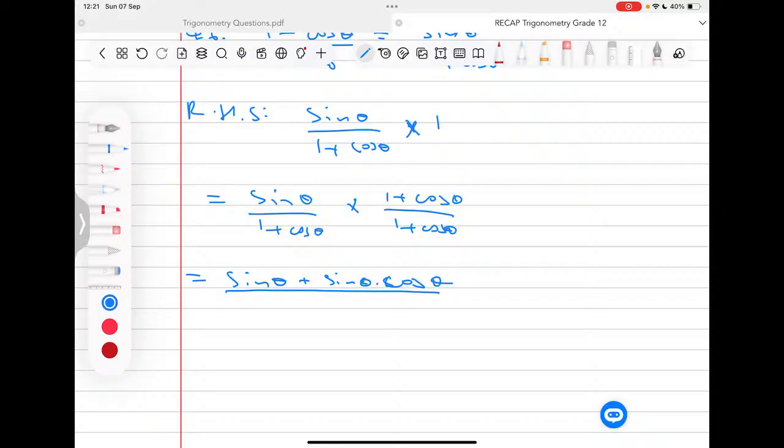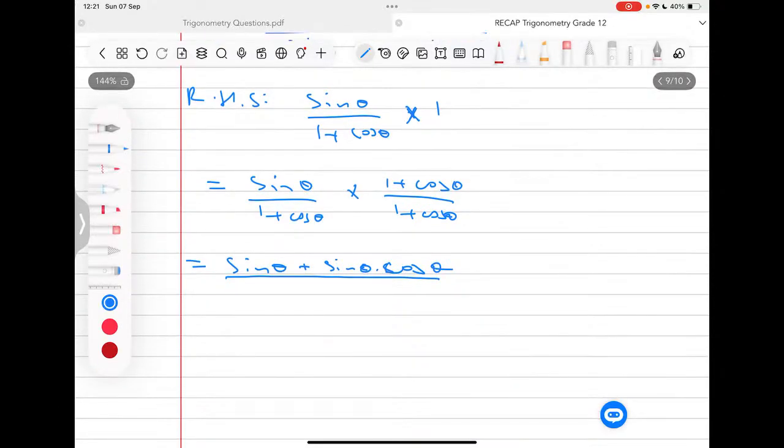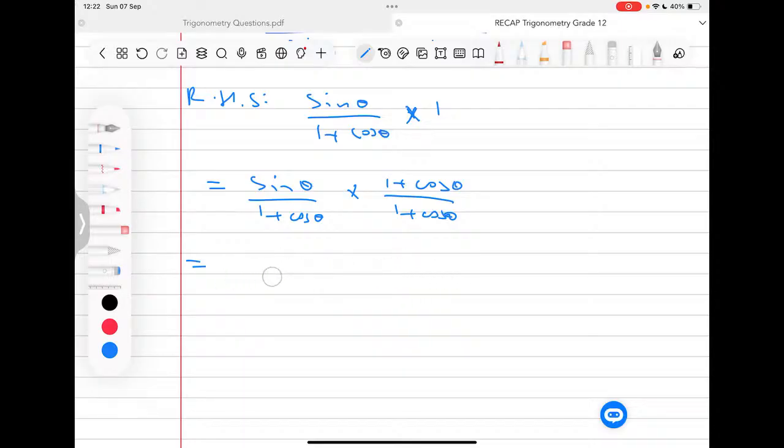And at the bottom here, we are going to have, okay, so I think I did my multiplication a bit in the wrong direction here.